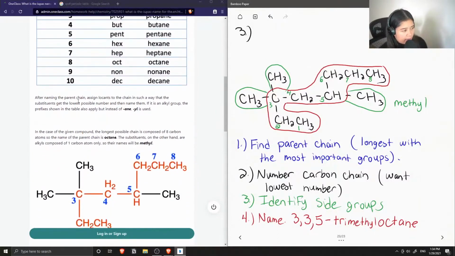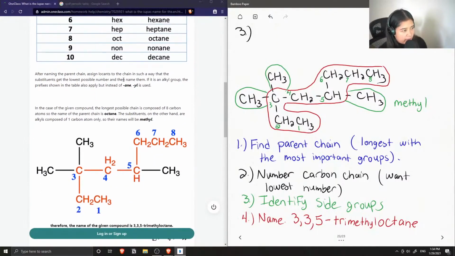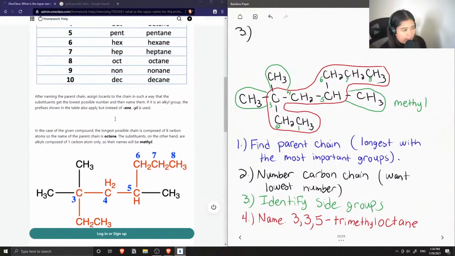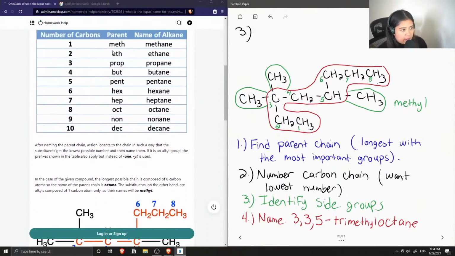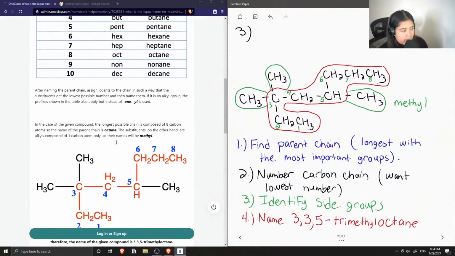After naming the parent chain, assign locants to the chain in such a way that the substituents get the lowest number possible, and then name them. If it is an alkyl group, the prefixes shown in the table also apply. Instead of adding -ane, you add -yl. So here we have meth, and since it's a side group, we add -yl instead of -ane.